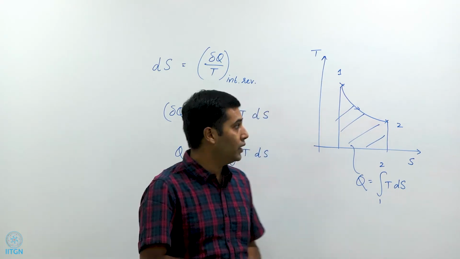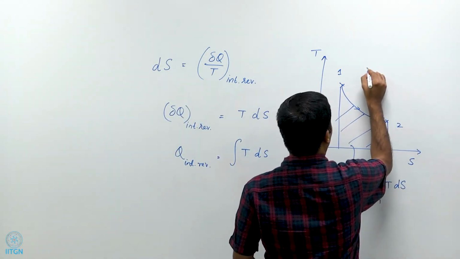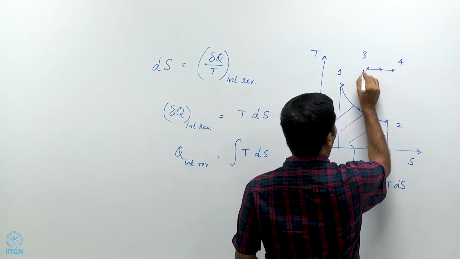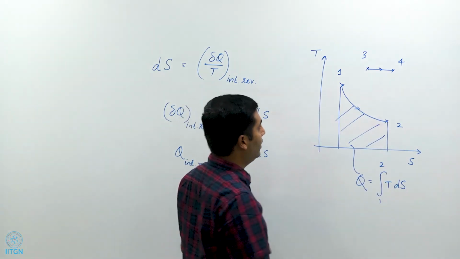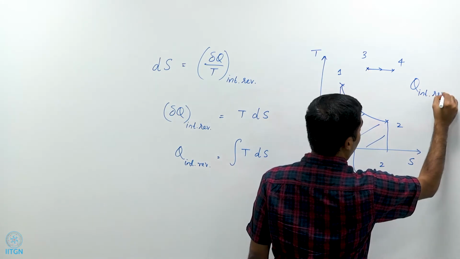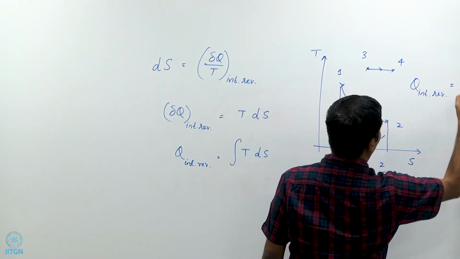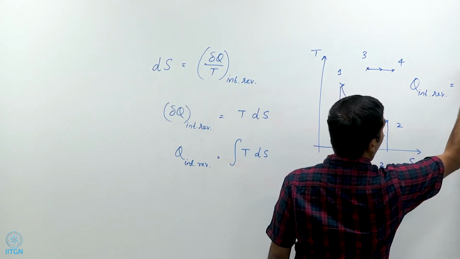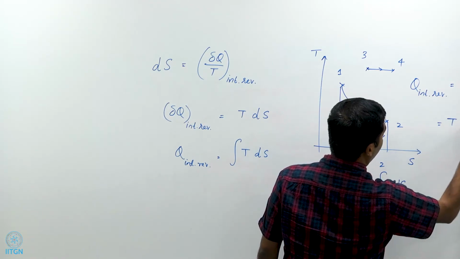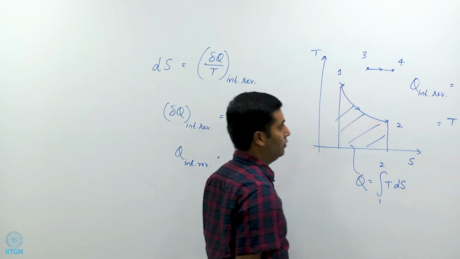So for example, in a reversible isothermal expansion, we would have, let's say, state 3 to state 4. This would be a horizontal straight line, and so the heat, internally reversible, would be the integral T dS from 3 to 4, and because the temperature is constant, I can pull the temperature out and I can write T times (S4 minus S3), right?